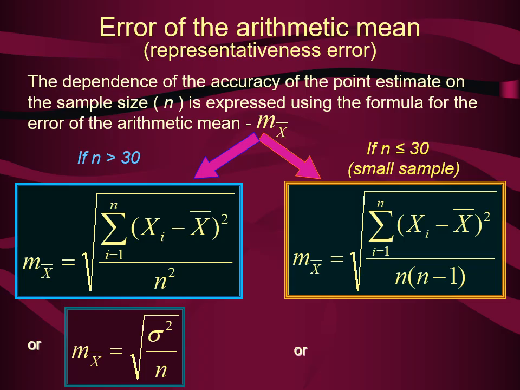In a sample of more than 30 objects, the denominator in the calculation formula is n squared, where n is the number of variants, the sample size.